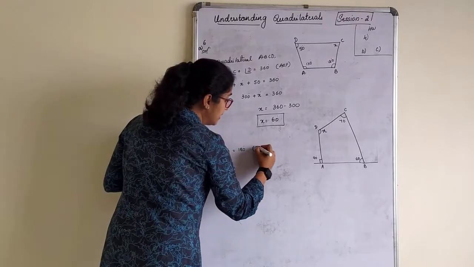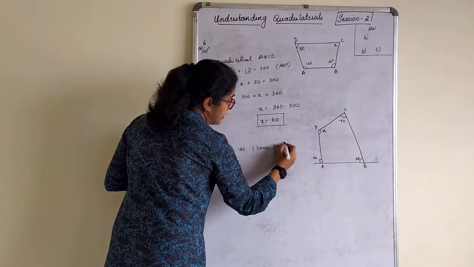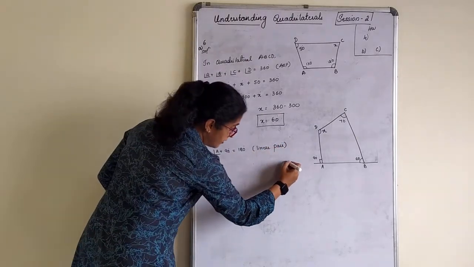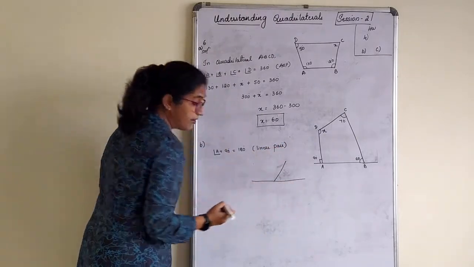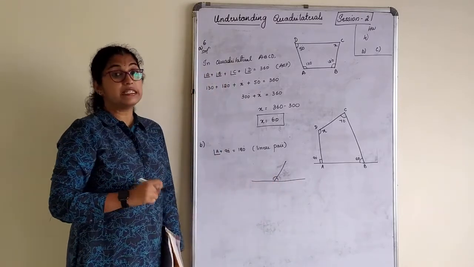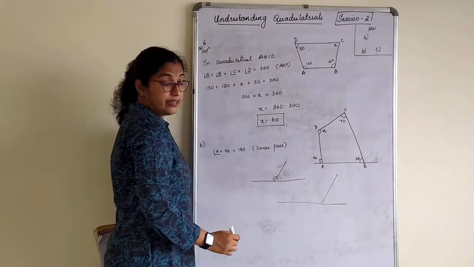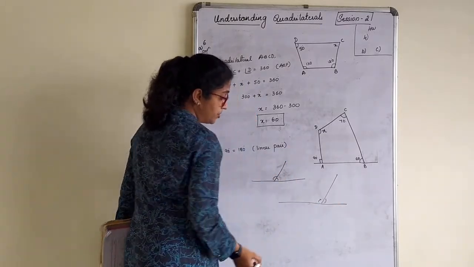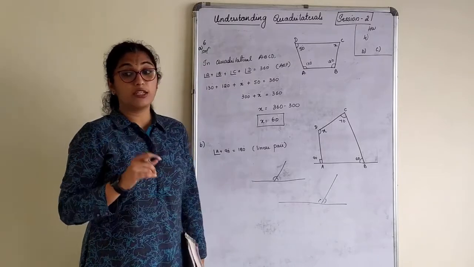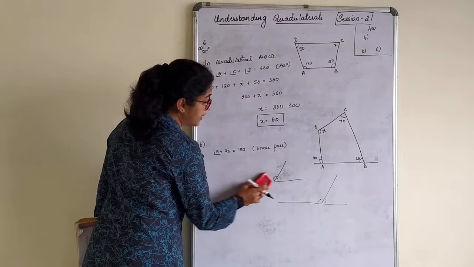What is this? Linear pair. What do you mean by a linear pair? When a ray stands on a straight line, the sum of the adjacent angles formed is supplementary. So when you measure these adjacent angles, you get 180 degrees. That is the linear pair property.